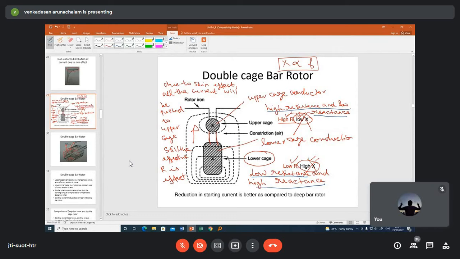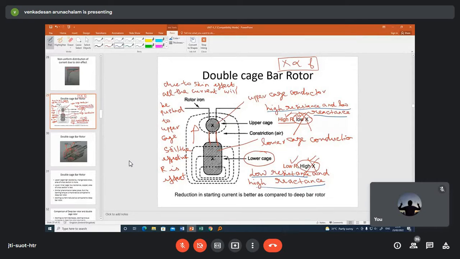See, already the effective resistance of the rotor is increased because of the skin effect. In addition to that, the upper cage is having high resistance when compared to the reactance. So because of this, the effective resistance of the rotor is further increased. Right?